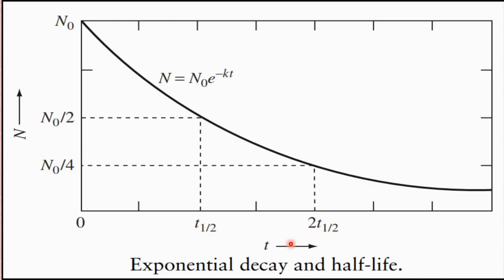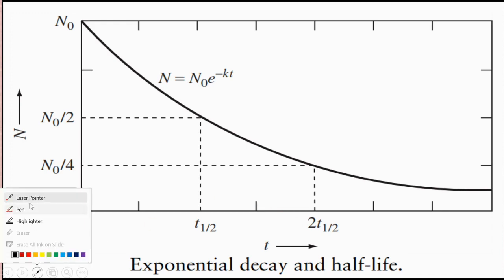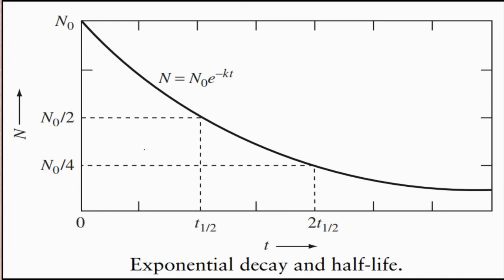So now we are going to represent this in a graphical format. So you can see here that if the initial amount is N0 at time 0, and after spanning of some time, that is t half, it becomes N0 by 2.